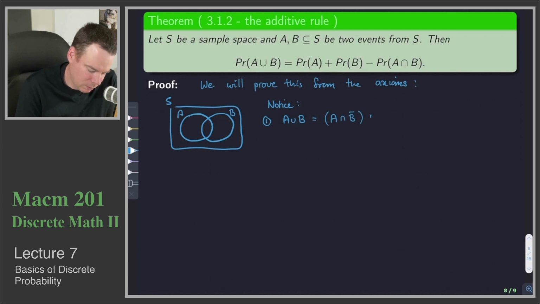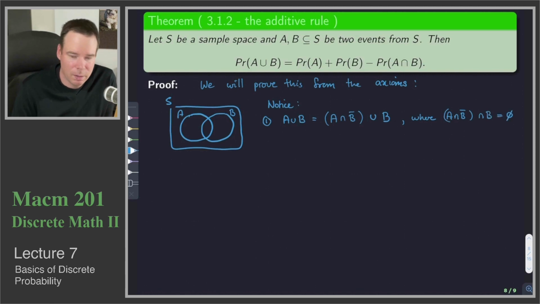So what I have is that this is true. A union B can be written as A intersect B complement union B, and I notice that this is now a union of disjoint sets, where A intersect B complement intersect B is the empty set. So those are disjoint sets. What else can I do? Well, I'm going to look at the set A for a second.